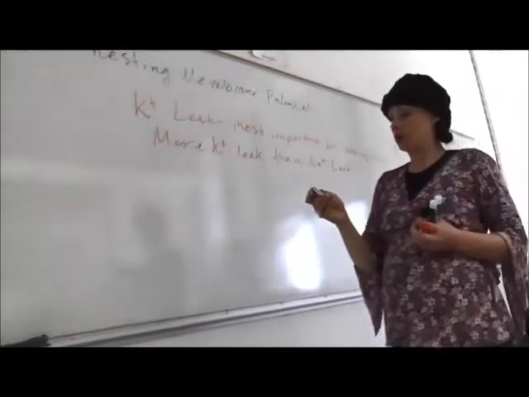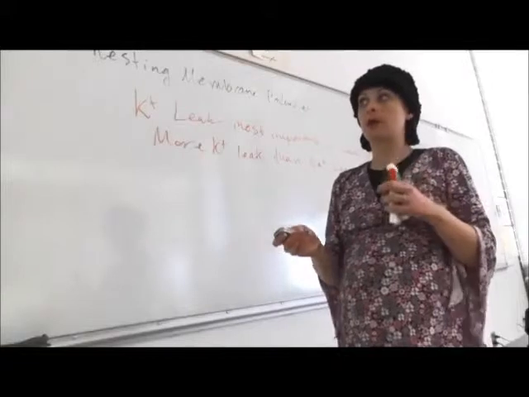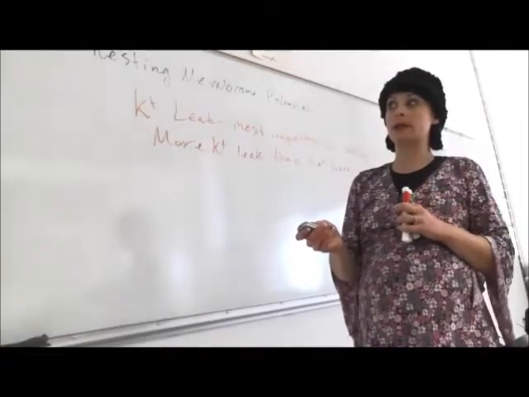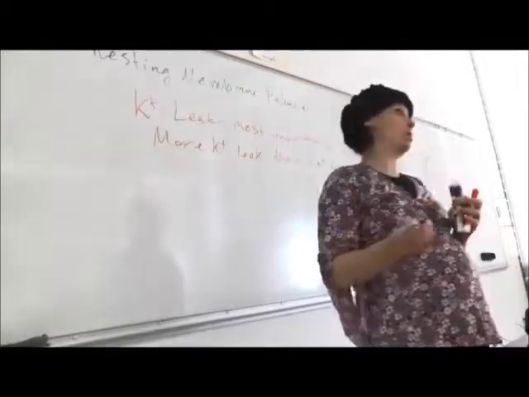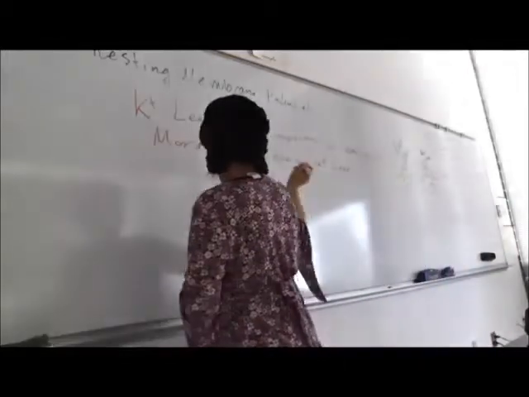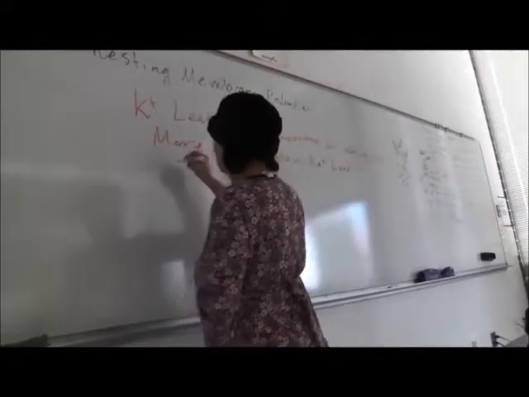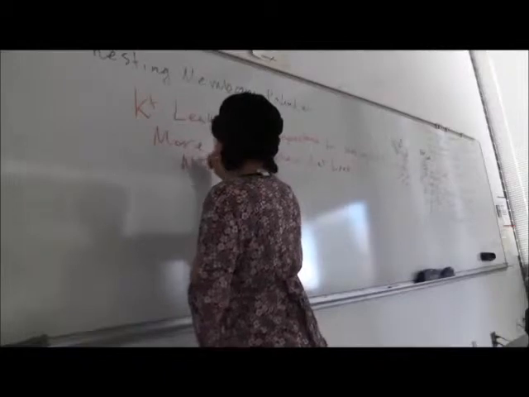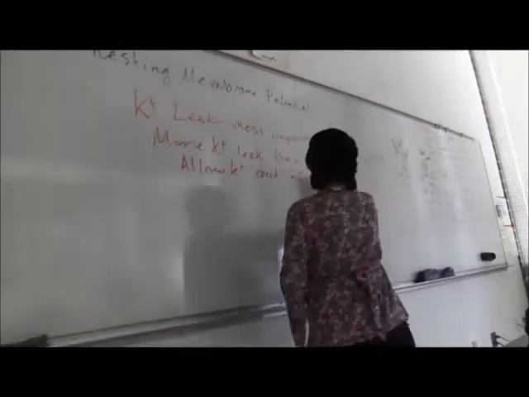Okay. We also do have some sodium leak channels that are allowing sodium to leak in, but then we're setting up this difference in gradient from one side to the other because of the sodium-potassium pump. So for our potassium leak, we'll say it's most important for setting resting membrane potential. We have more potassium leak channels than sodium leak channels, and they allow potassium out of the cell.